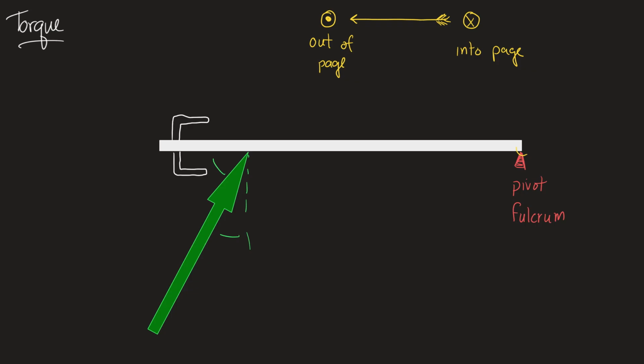The angle that is used is the angle that is related to the torque arm. The torque arm is a second vector, and the torque arm vector is a vector that starts at the pivot point and stretches to where the force is applied. We call this the torque arm.